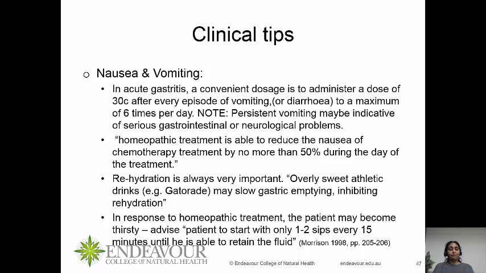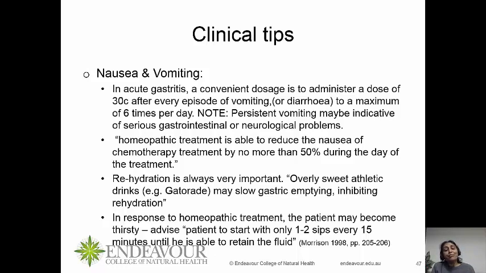So if you have a patient who's got nausea and vomiting, one of the hints or the way I would deal with it, which Morrison also seems to advise people, is to give the remedy chosen based on the law of similars, but leave the administration, like the number of times you're advising the patient to take it, to be dependent on the episodes of vomiting, or maybe even diarrhea that they have.